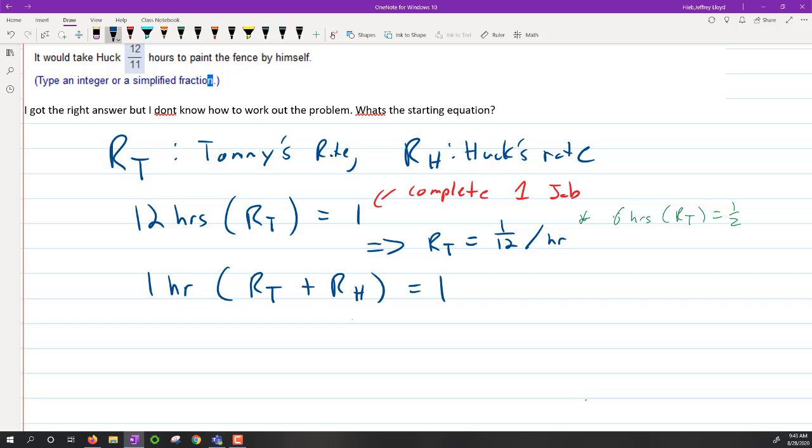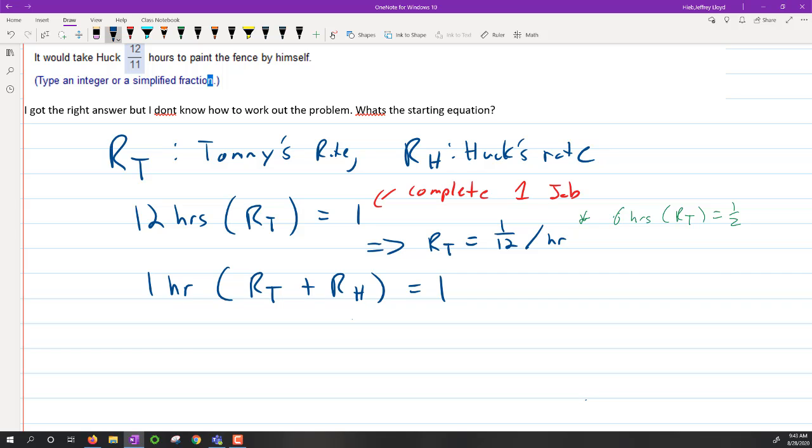Most of you probably work with 1/12 as the numerical part of what R sub t is, but what it is is 1/12 of the job per hour. So we want to keep track of the fact that that hour is in the denominator. Divided through by 12 hours, so 1/12 per hour, or 1 job per 12 hours.